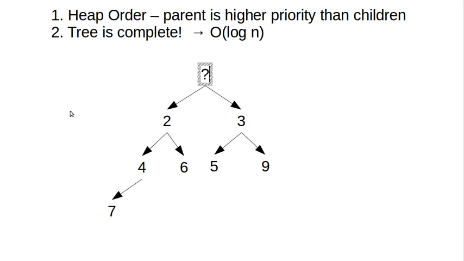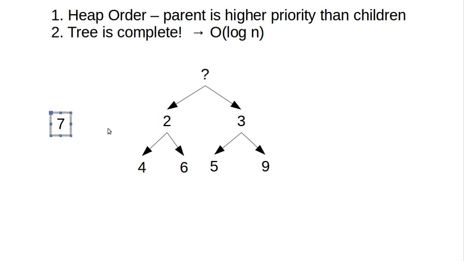Let's do another remove, just to make sure that we understand this. The 2 that was at the root is being returned. This becomes a stone. And we have a temporary variable here from the bottom to keep things complete. The 7 cannot go up at the top, so we look at the 2 and the 3.